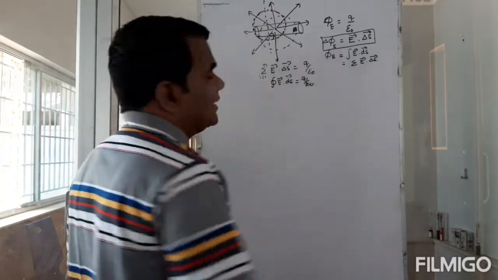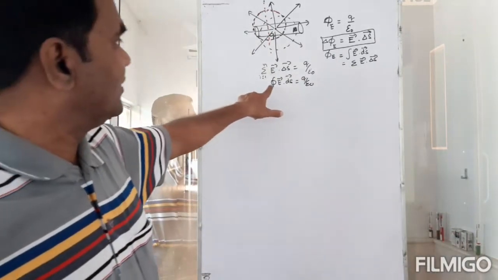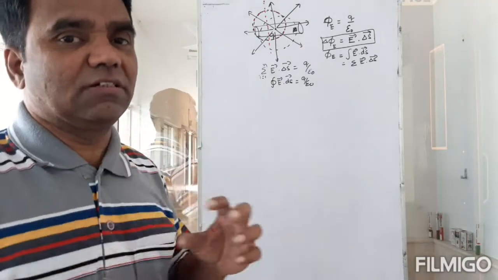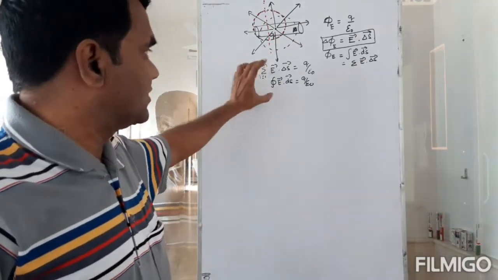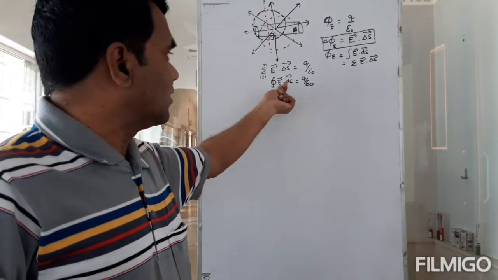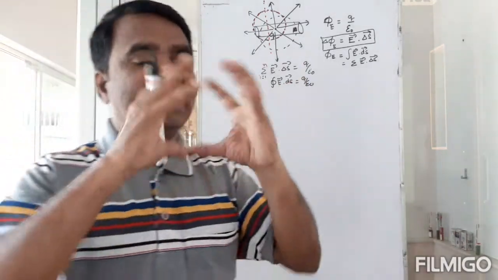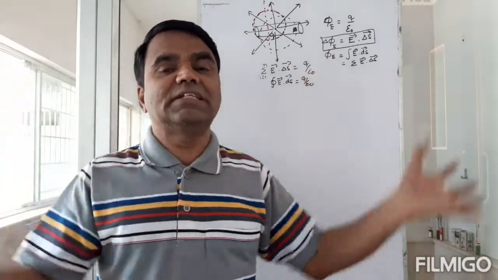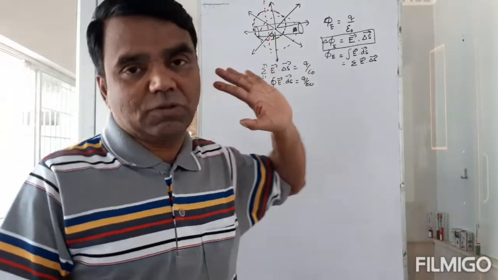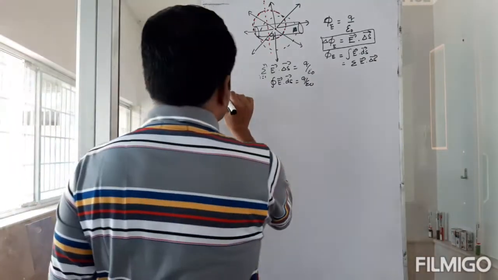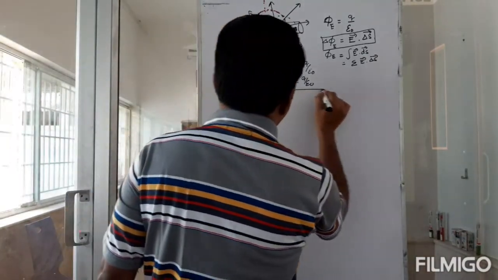I can write it either way. So why do you have this circle here? Because it's a closed surface integral. The closed surface integral of E dot dS will give you Q by epsilon naught for the entire surface. The flux through the entire surface will be equal to Q by epsilon naught. So this is Gauss law. Okay, so understand that, and let's start doing a problem.